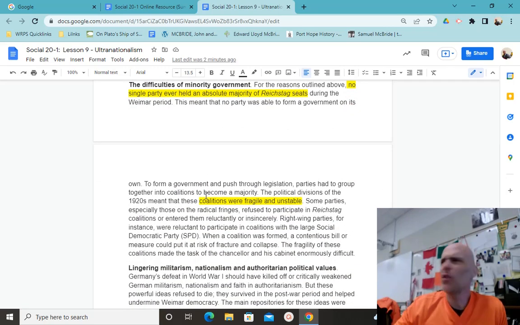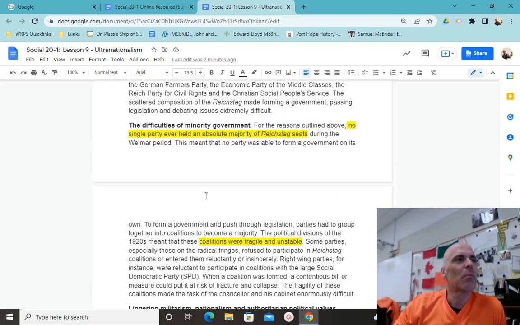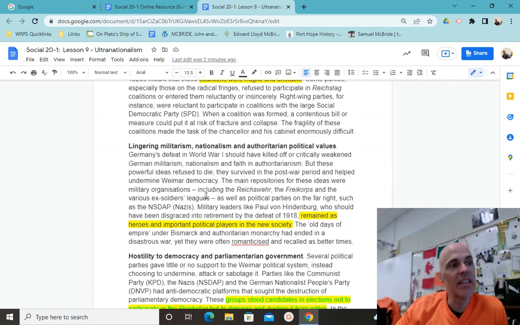And because of the proportional representation, no single party ever had an absolute majority, so we're going to have a series of unstable governments, fragile coalitions, multiple elections, and democracy fatigue setting in. The electorate gets tired of the constant campaigning, and then when the Nazis present a road to more stability, that seems ideal to them.